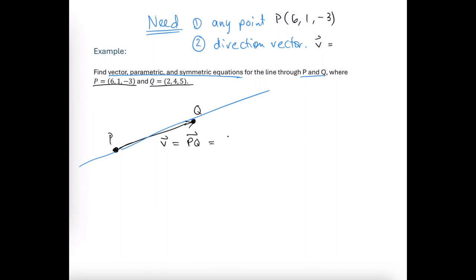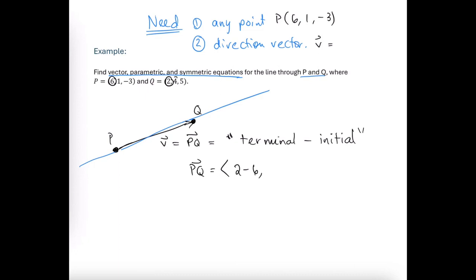And as you'll remember, we are going to come up with our vector from P to Q by looking at the terminal point, the ordered triple Q, minus the initial point P. So vector PQ, terminal minus initial. So we're going to look at the terminal x coordinate, which is 2, and then minus the initial x coordinate, which is 6. So that's going to give me the x component of my direction vector.